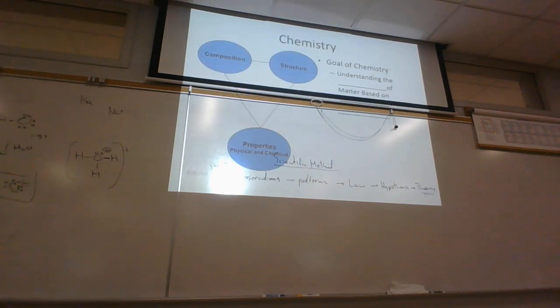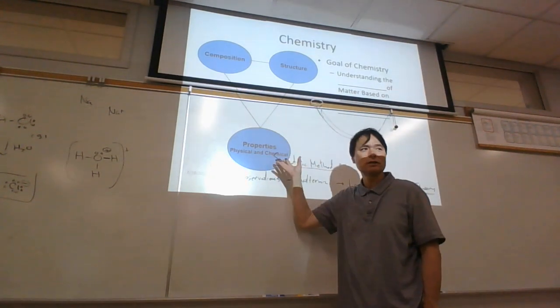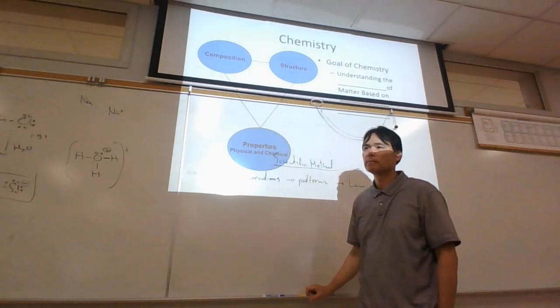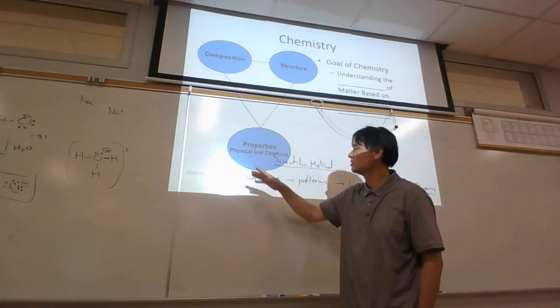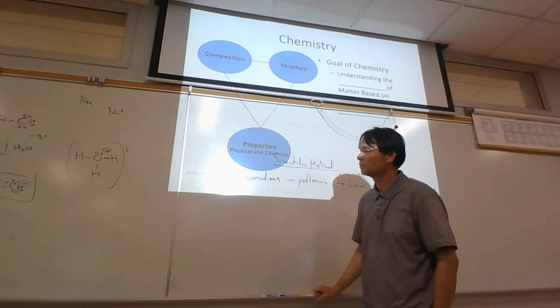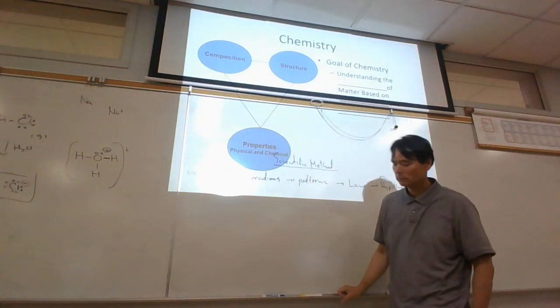The theory underlying all of this. If we understood the theory, then we know how it's going to behave. We can just predict it. And so if we have the composition structure, then just make the predictions of the properties. Or if we have the properties, then we can predict what the composition structure must be.